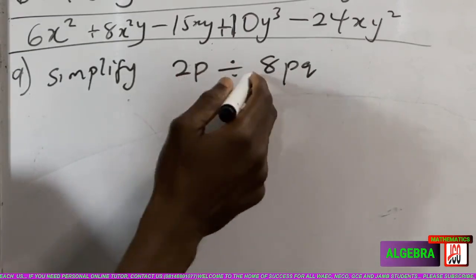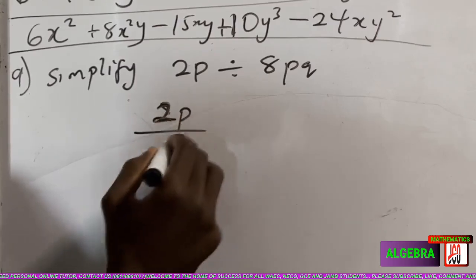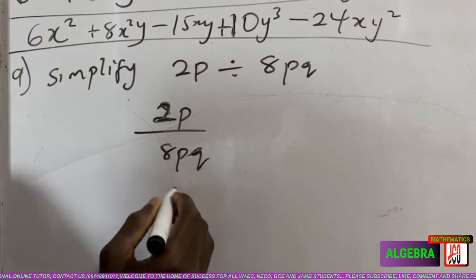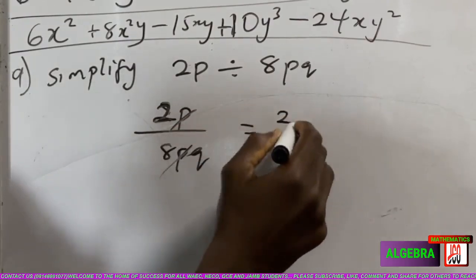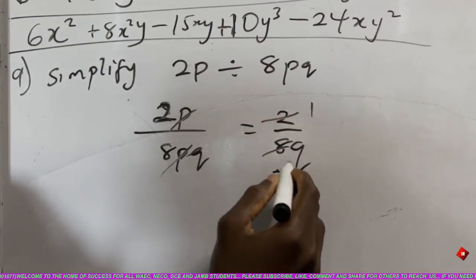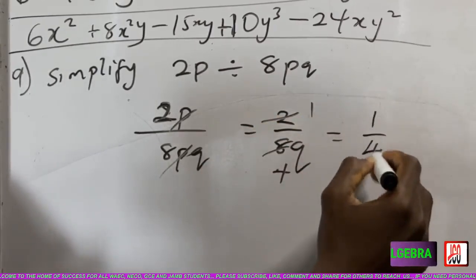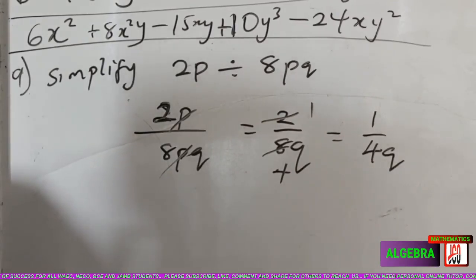No, it is this divided by this. That's 2p over 8pq. P will divide p, remains 2 over 8q. 2 divided by 2 is 1, 8 divided by 2 is 4, remains 1 over 4q. So that is your answer.